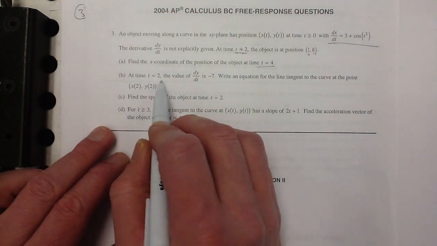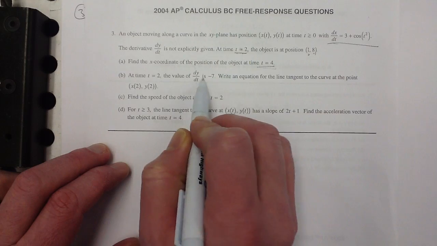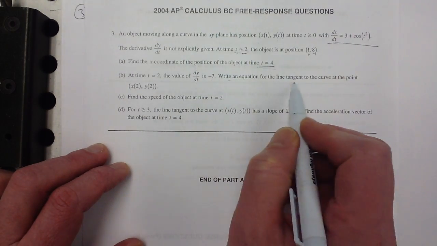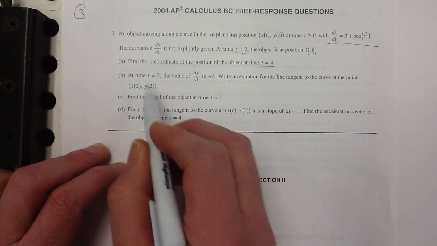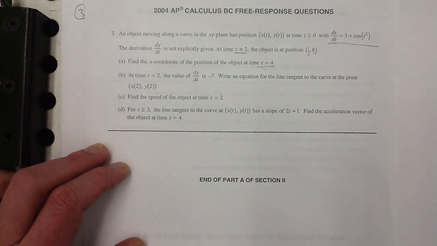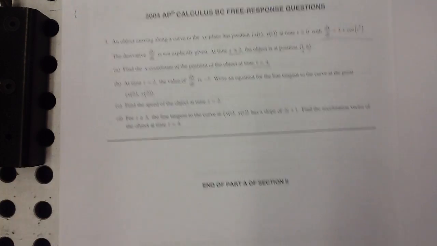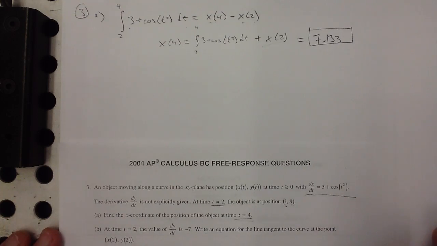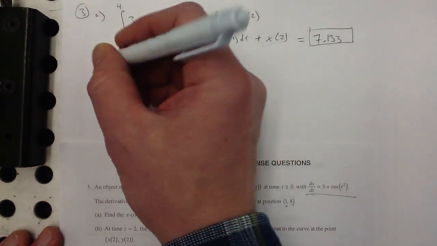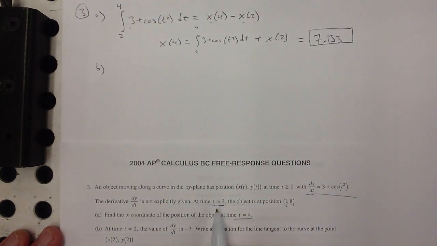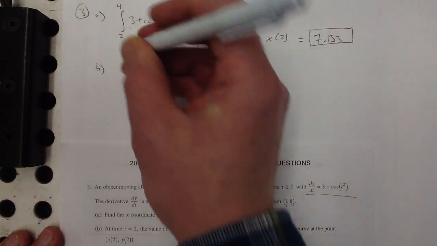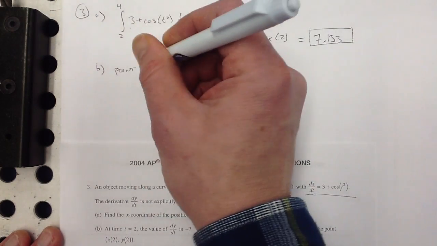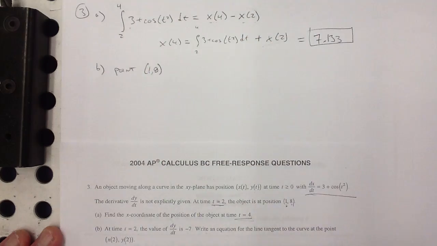Part B, at time t equals 2, the value of dy/dt is negative 7. Write an equation for the tangent line to the curve at the point x of 2, y of 2. So when time equals 2. Well, let's see. I need a point, which they gave me. They told me that the point at time equals 2 is 1, 8. So my point is 1, 8.